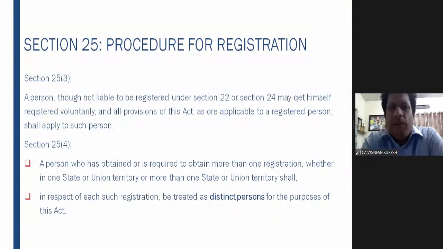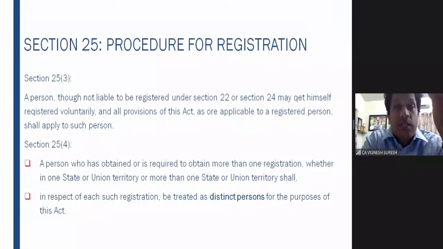Let me give you a brief history of how this GST registration became something as if it is a must for every business. When GST came into existence in July 2017, there was a very, very strong assumption among the business community that a GST registration is a must.